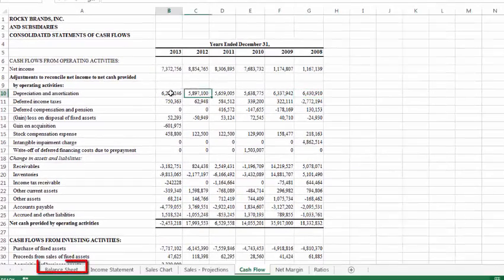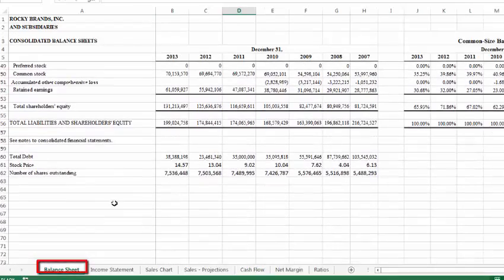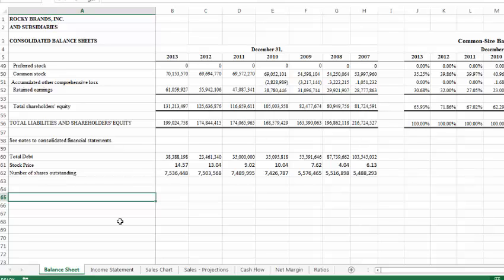So I'm going to be coming here, grabbing these numbers, and at the bottom of my balance sheet over here, this is again the historical balance sheet. Down here at the bottom of the balance sheet, what I'd like to do is look at depreciation as a percent of net fixed assets.